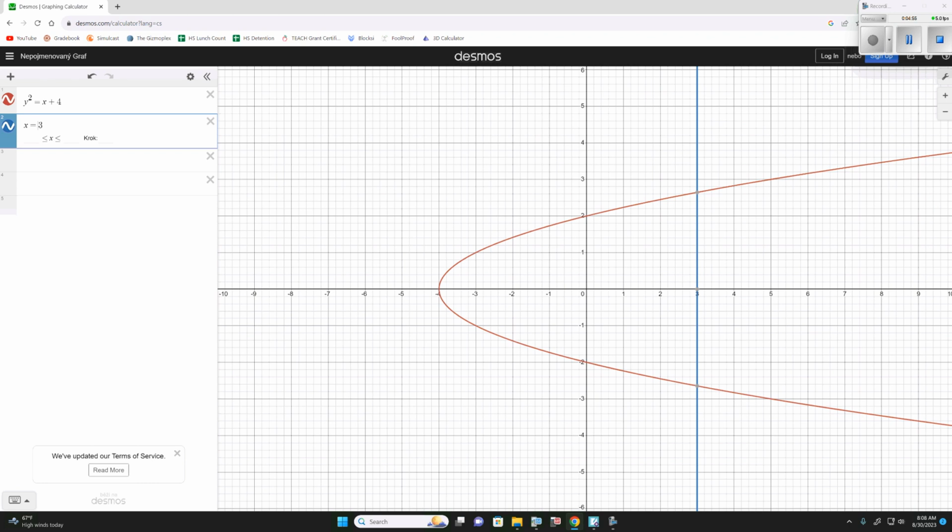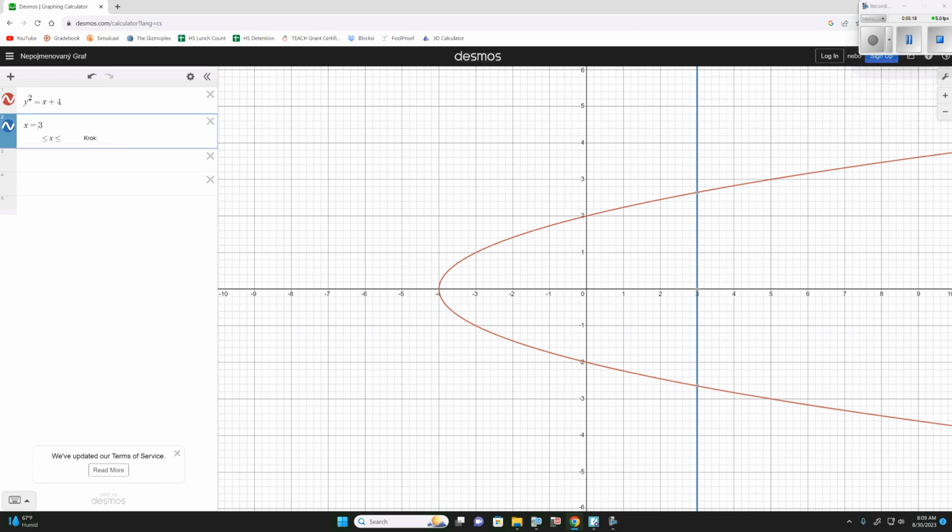So one of the big things: if y has a power, an absolute value, or stuff attached to it other than plus 4, minus 4, or times 2, it's most likely not going to be a function. Desmos is a good place to go to check it.